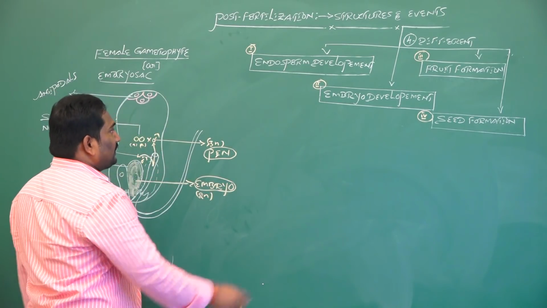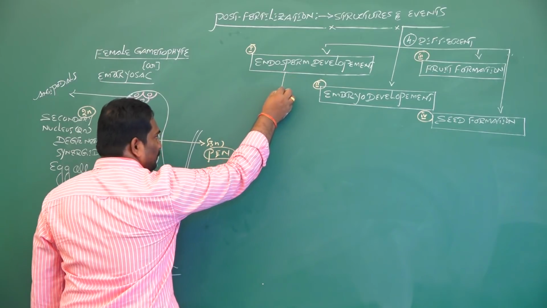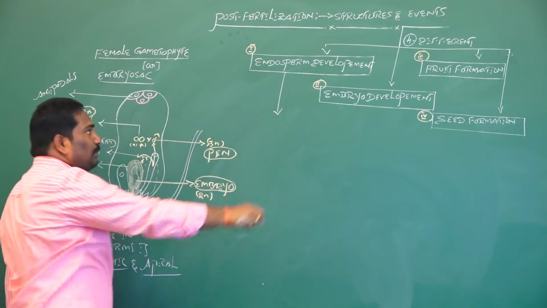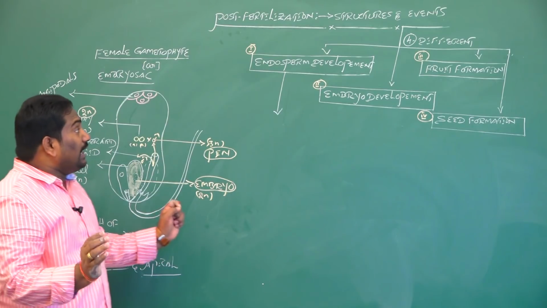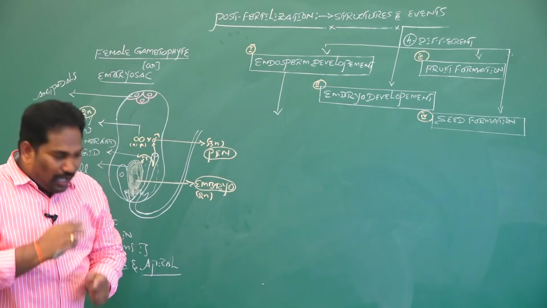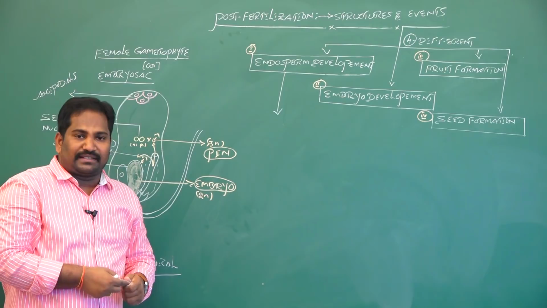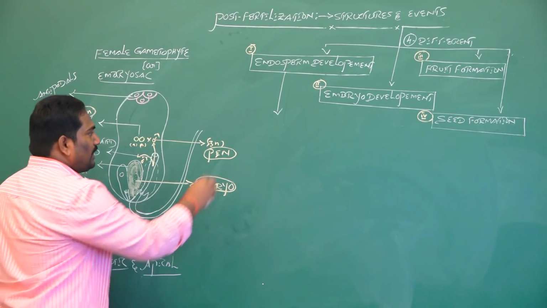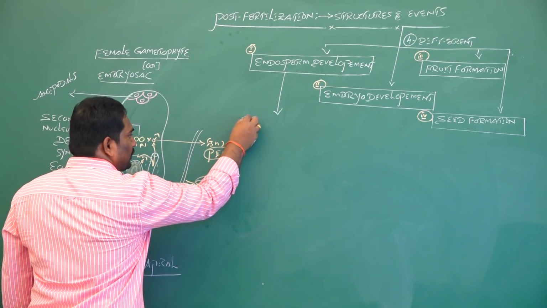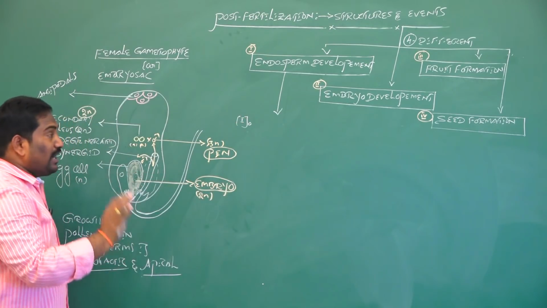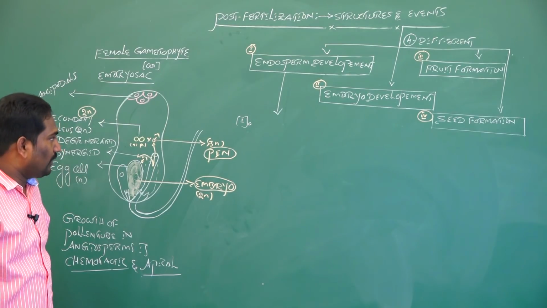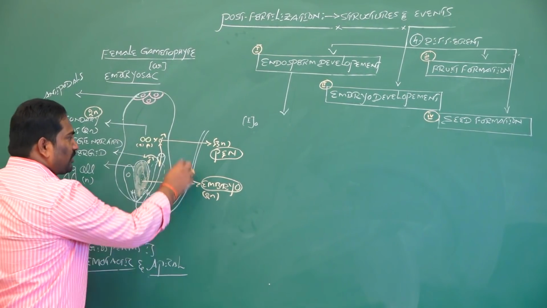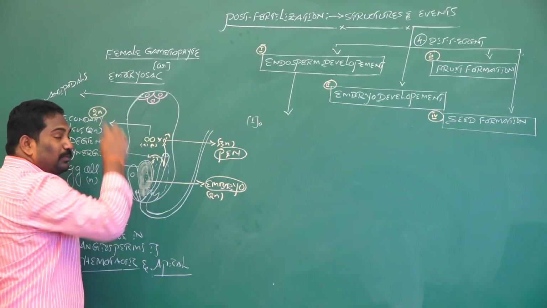Let's discuss the first and most important post-fertilization event, which is endosperm development. How can endosperm development take place in angiosperms or flowering plants? The first and most important characteristic feature of endosperm development: endosperm is formed by the process of triple fusion.